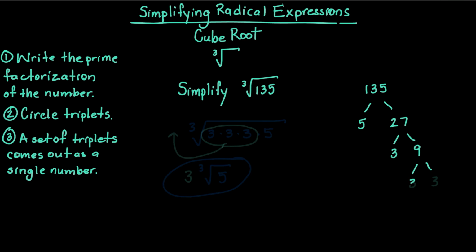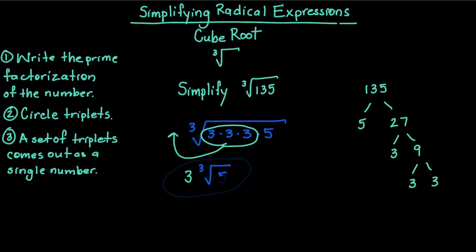And 9 is 3 times 3. So 135 can be rewritten as 3 times 3 times 3 times 5. I have a set of triplet 3s that will come out as a single 3. And I'm left with the cube root of 5.